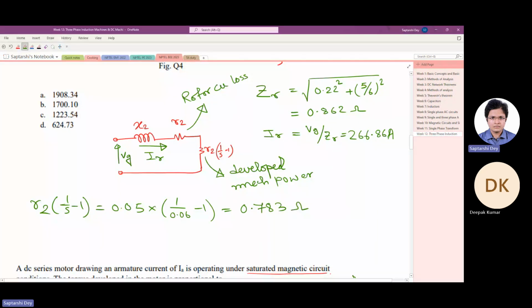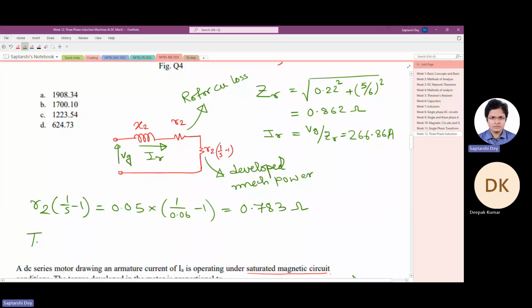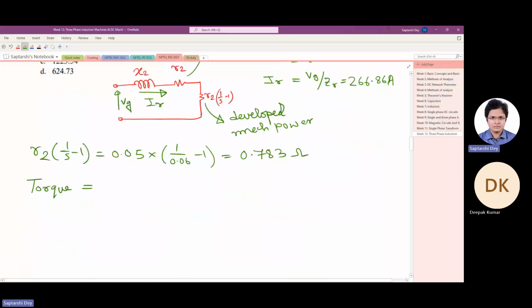Okay, so the torque output, there are several things here, pay attention. Now we have to find out the developed mechanical power first. So developed mechanical power, as I said, is I squared R, the power loss in this R2 times (1 by S minus 1) resistance.